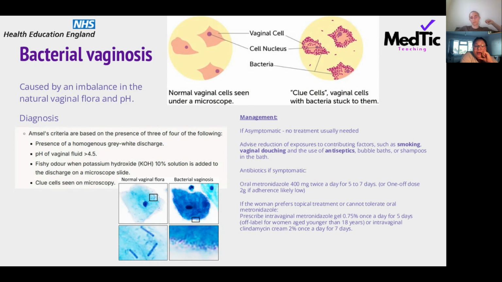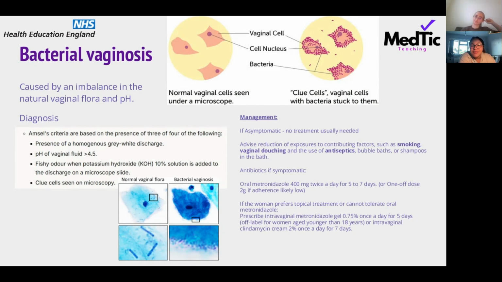That can be used off-label for younger patients as well, or intravaginal clindamycin cream. To be completely honest, I don't think I've seen anybody in practice opt for the intravaginal option. Most people would take the metronidazole.